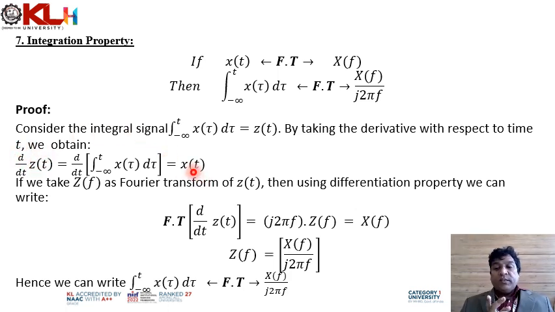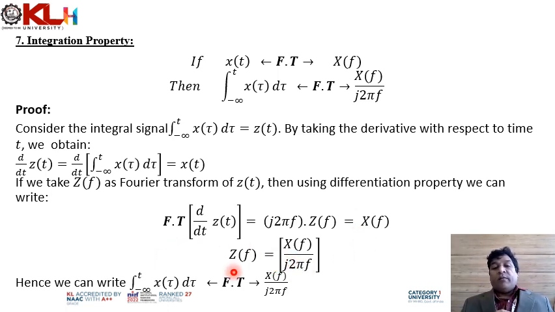So by using the previous differentiation property, we can apply the Fourier transform on d by dt of z of t, and that will be j 2 pi f into capital Z of f, which should be equal to the Fourier transform on the RHS, which is what? X of t. The Fourier transform of x of t will be capital X of f. Therefore, we get Z of f as capital X of f divided by j 2 pi f.